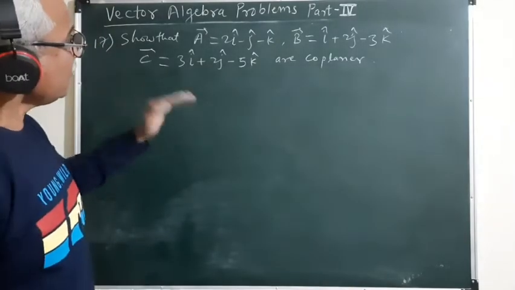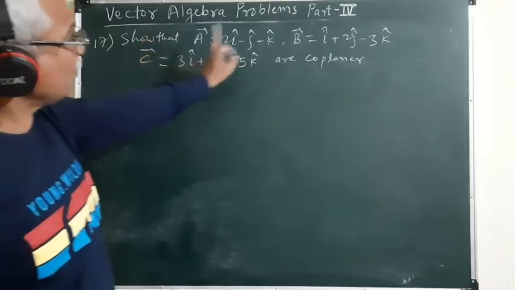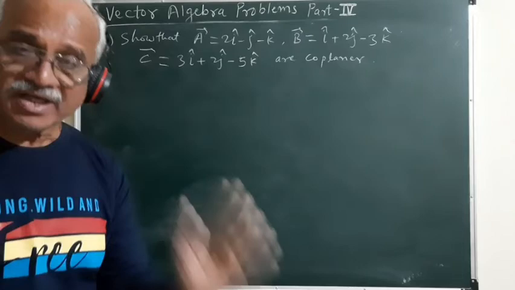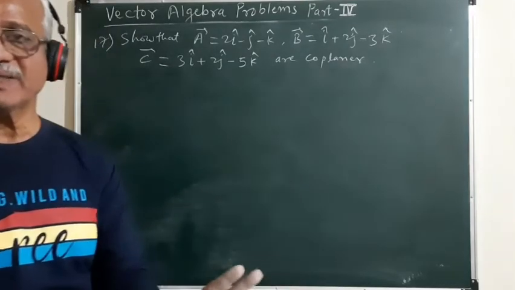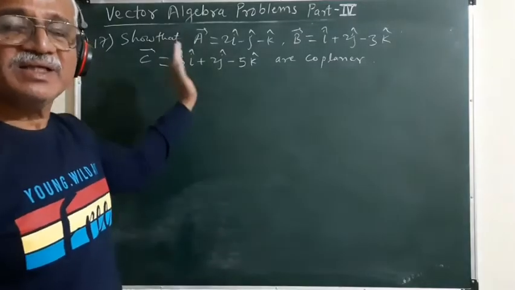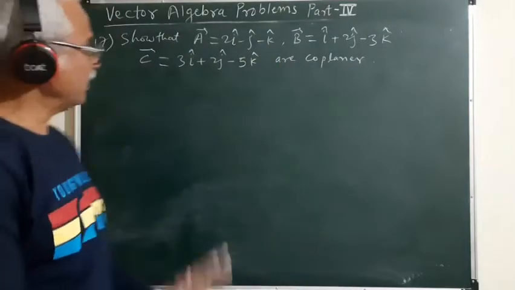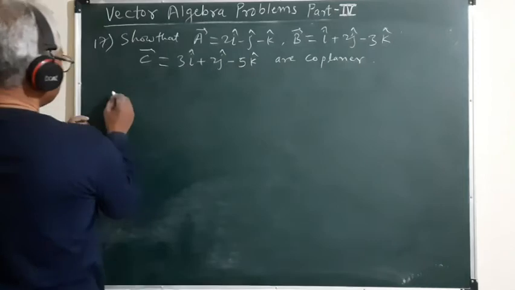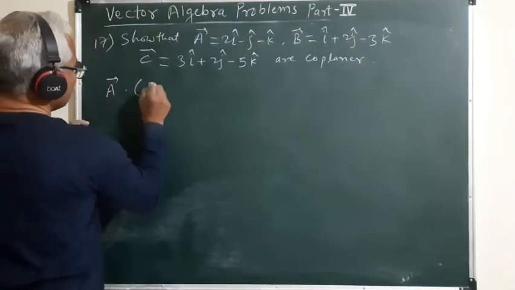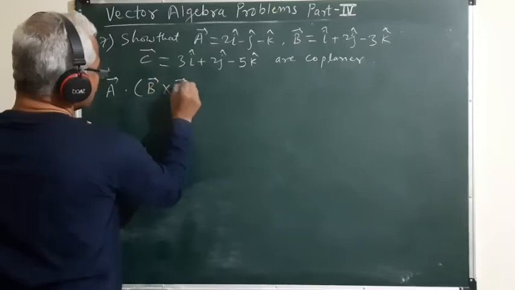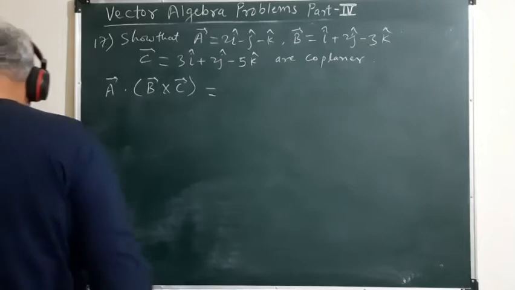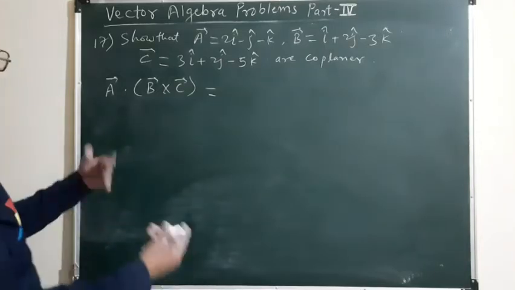So if we evaluate the scalar triple product of these three vectors, and if the scalar triple product of A bar, B bar and C bar works out to be equal to 0, then we can say that these three vectors are coplanar. So let us evaluate the scalar triple product of these three vectors as A bar dot B bar cross C bar.